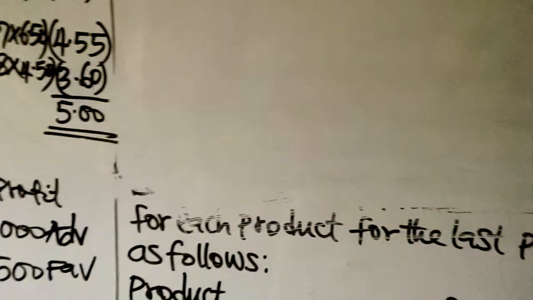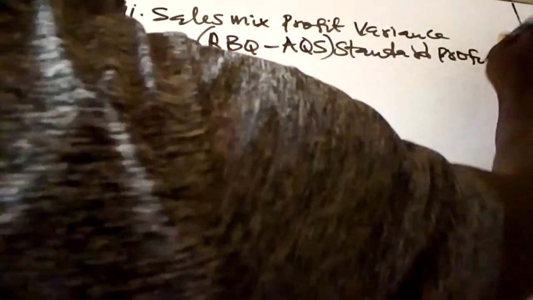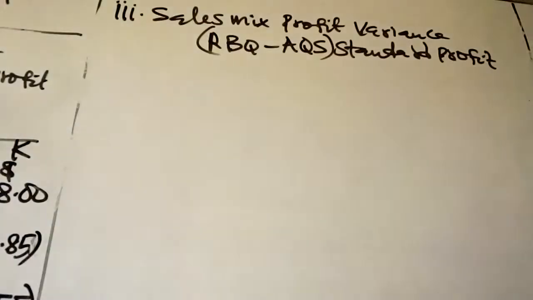The formula for calculating sales mix profit variance is the revised budgeted quantity minus actual quantity sold, multiplied by standard profit.